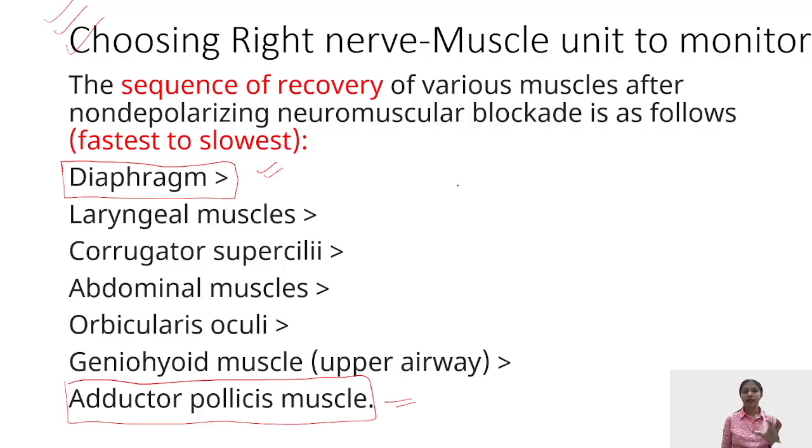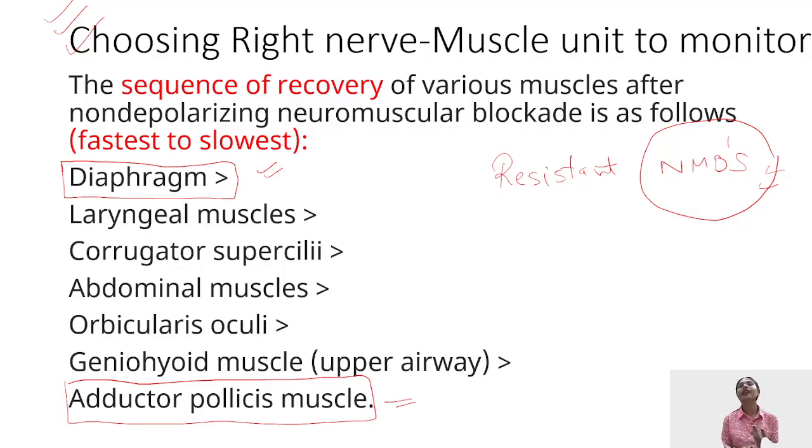Done. The rationale behind this is, when we talk about the diaphragm, the diaphragm is a muscle which is resistant to the effect of neuromuscular blockers. Okay, and if something is resistant, it is going to shun off the neuromuscular blockers very, very fast.